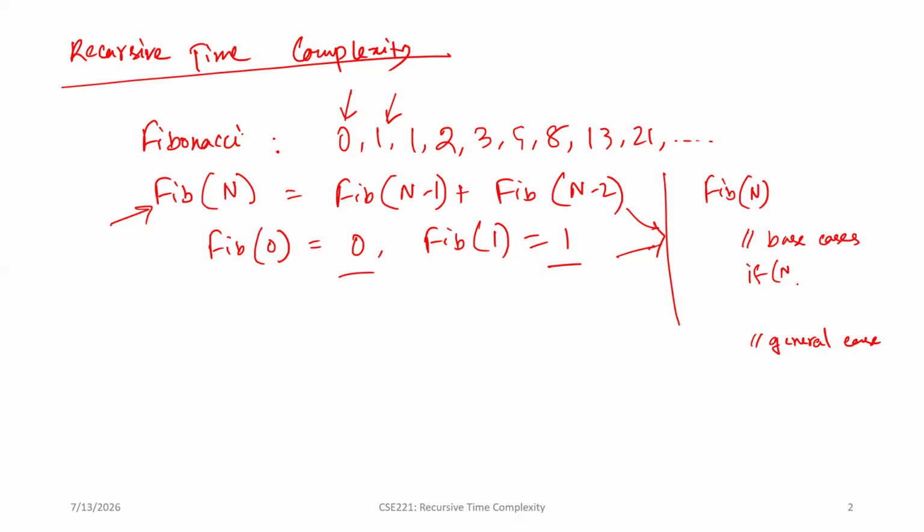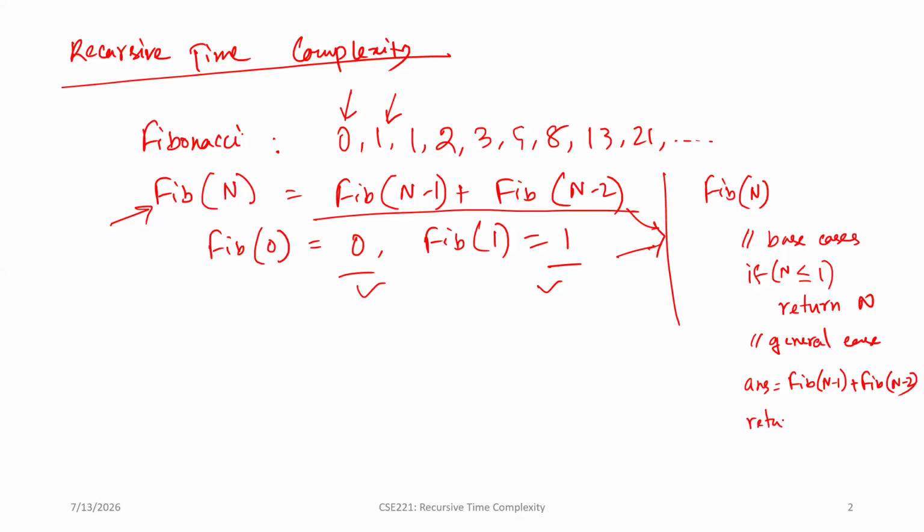If n is 1, the value is 1. So we can write it as if n less than or equal to 1, return n. This will give fib 0 and fib 1. And then for the general case, we have to calculate this value here, which will be, let's say, answer is equal to fib(n minus 1) plus fib(n minus 2), which we can return, right?